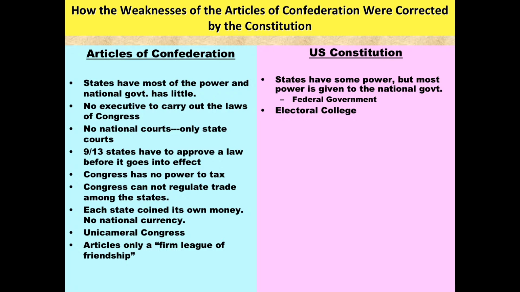We'll get more into the electoral college with government, but just know that it's not like the popular vote elects the president, it's the electoral college. Whoever carries the popular vote in each state has a number of electors, and the electors will usually, 9 times out of 10, go to the person who wins the majority of the votes in the state.